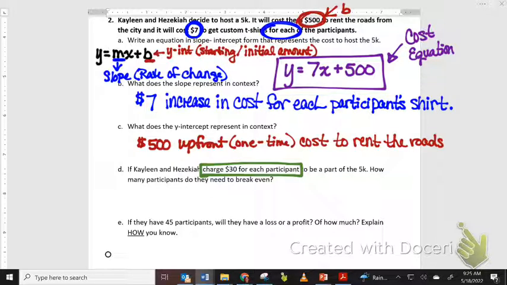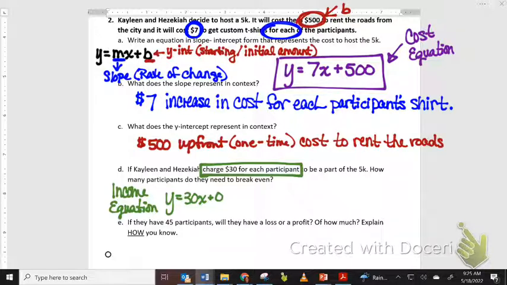So let's write an income equation. Y equals 30x. Why 30x? Because that's the charge for each. And then you could pop a plus 0 on the end. Why plus 0?